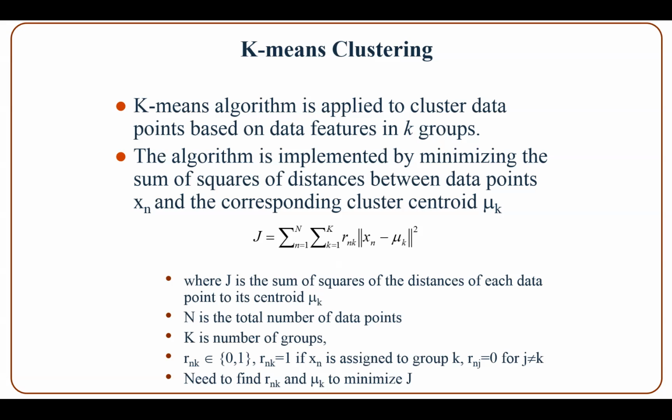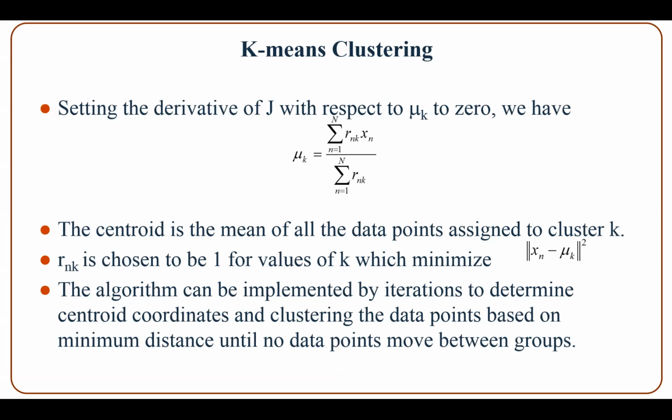It is 1 if x_n is assigned to group k and 0 otherwise. We need to find r_nk and mu_k to minimize J. Setting the derivative of J with respect to mu_k to 0, you get this. From here we see the centroid is the mean of all the data points assigned to cluster k.